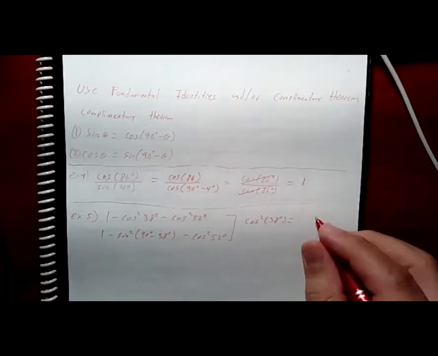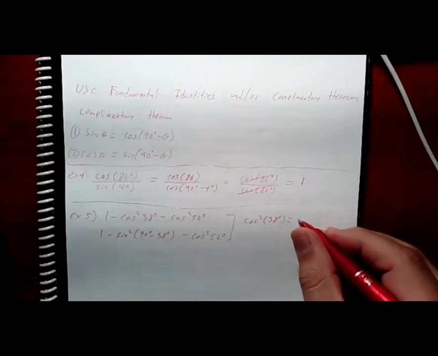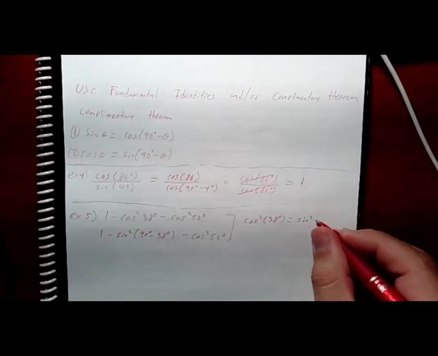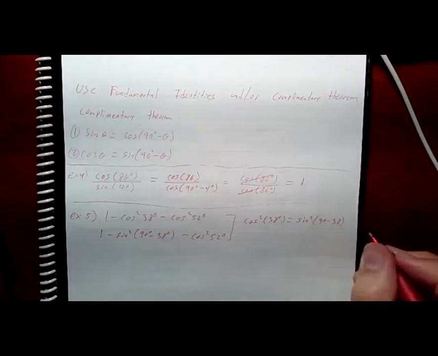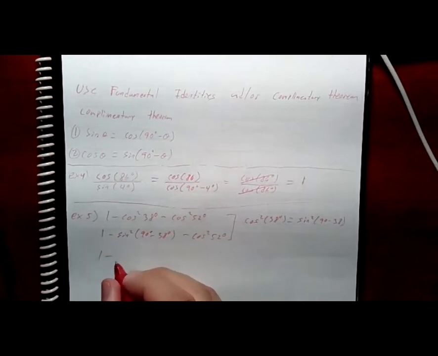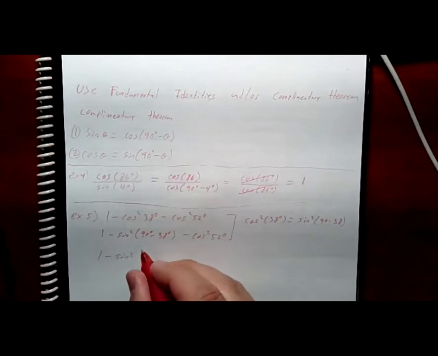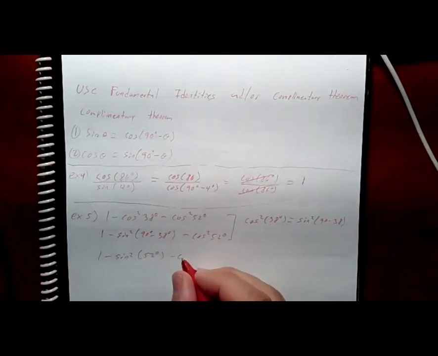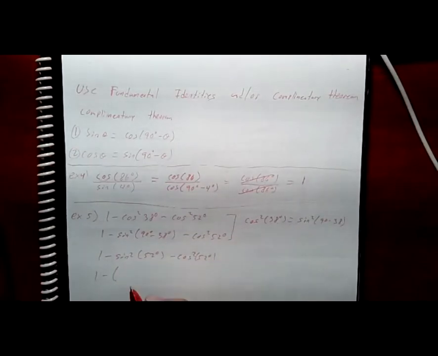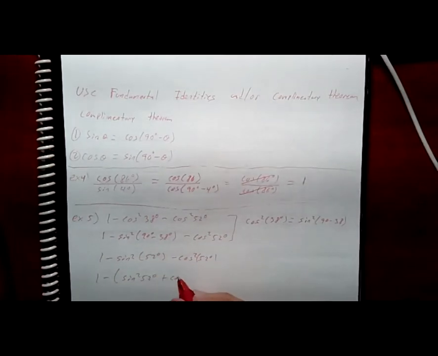Cosine squared of 38 is equal to sine squared of 90 minus 38, which is going to give me 1 minus sine squared of 52. So it'll be 1 minus, subtract the minus, sine squared 52 plus cosine squared 52.